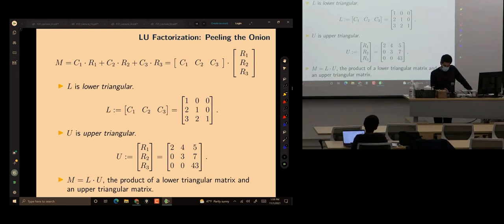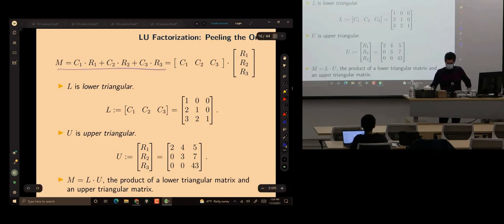So LU was motivated this way. We said that, well, suppose I can write my matrix in a way that it's following the second way of multiplying matrices, right? Some column times some row, plus another column times row, plus another column times row, for a 3 by 3 matrix.